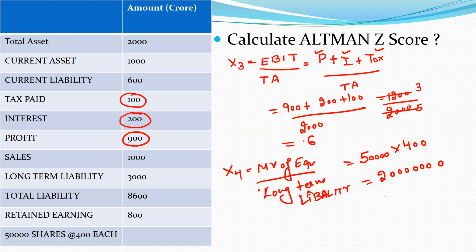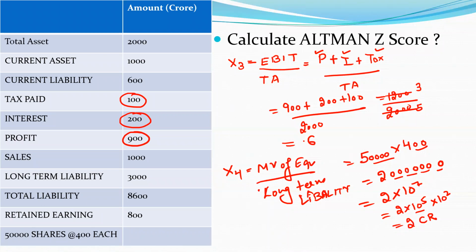In simple language, 2 into 10 raised to power 5 into 10 raised to power 2. 10 raised to power 5 is 1 lakh, 2 into that is 2 lakh, two more zeros gives 200 lakh, which comes out to 2 crore.